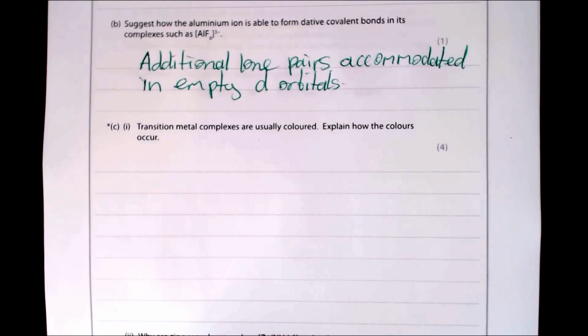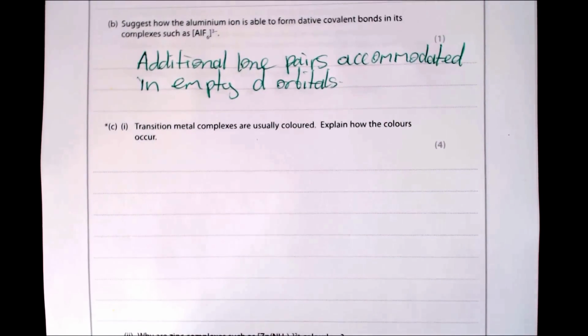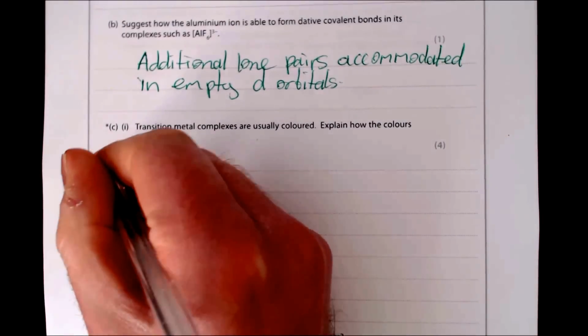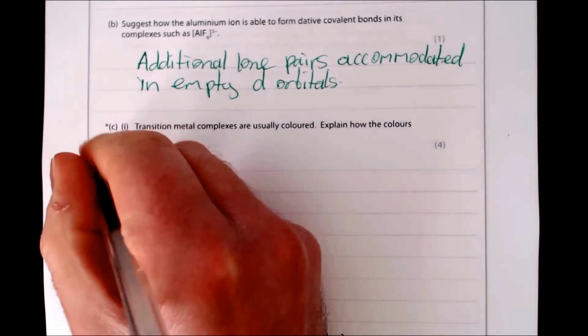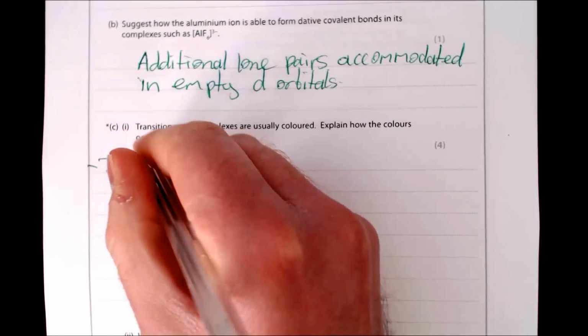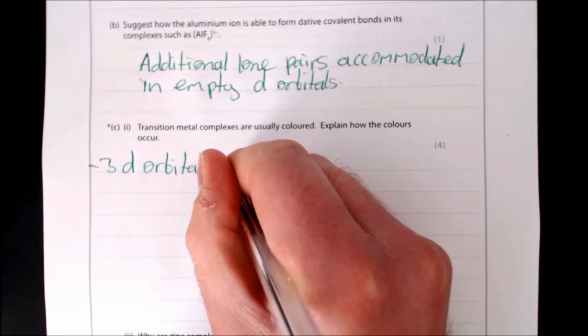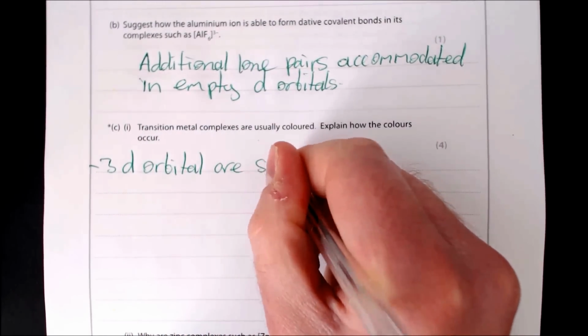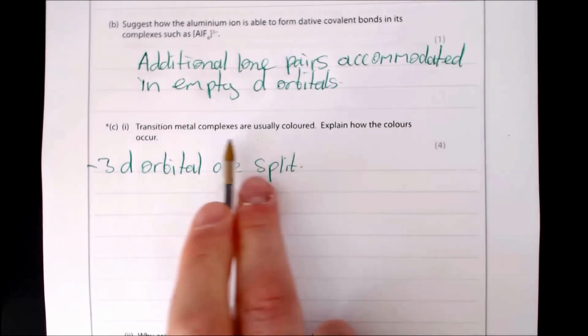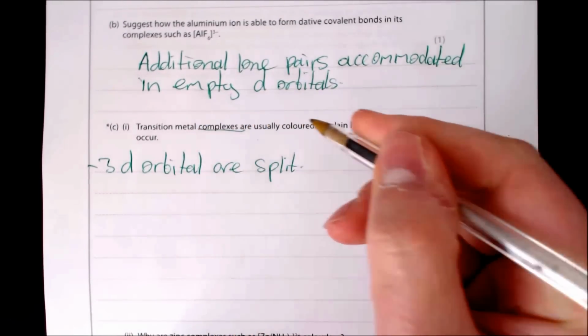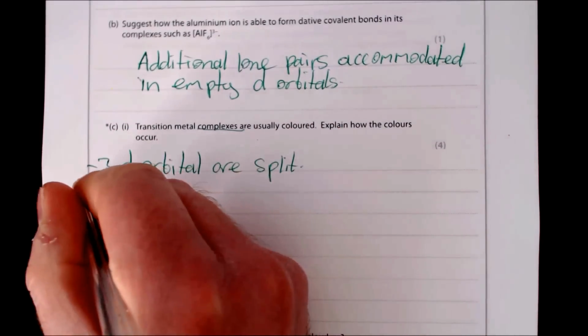So we've got loads of different points here, and they just want you to highlight these points. I'll start by saying that the 3d orbitals, because that's what we're talking about here, are split, because that's when we've got ligands attached to them. It is talking about complexes as well, so that kind of gives it away a little bit.